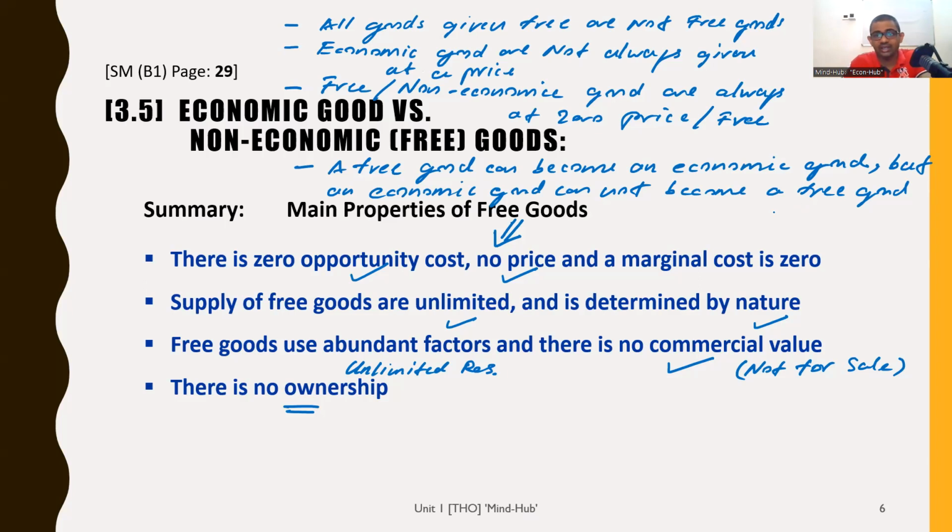The word free means it should not use limited resources with alternative uses, should not have an opportunity cost, and should be unlimited in supply. An economic good can't have those, because economic goods are produced, which means there is a use of limited resources and there is an opportunity cost. Think about that.